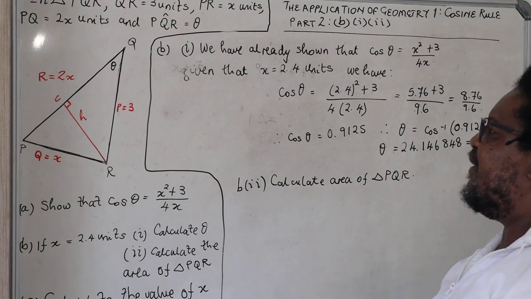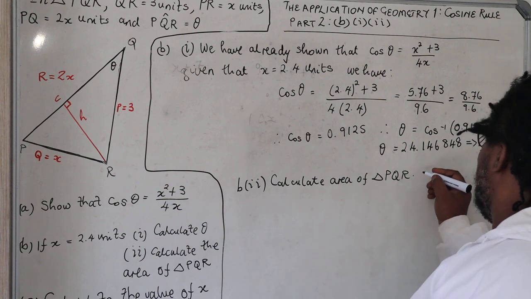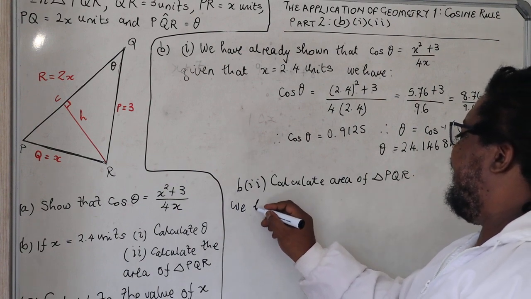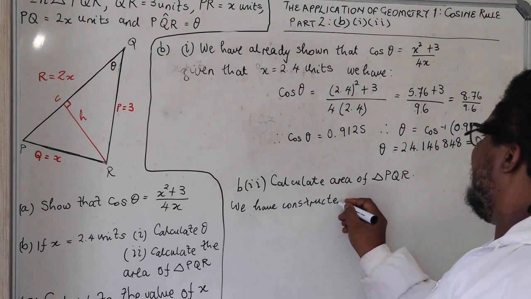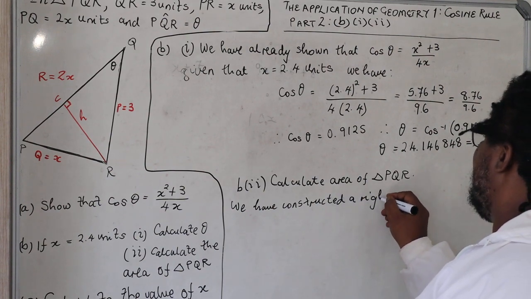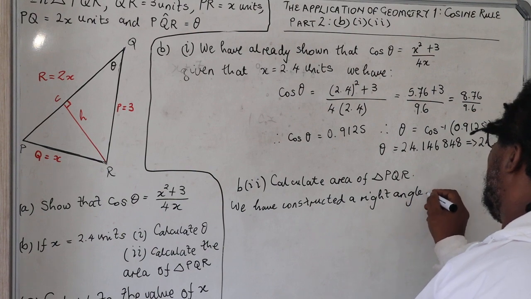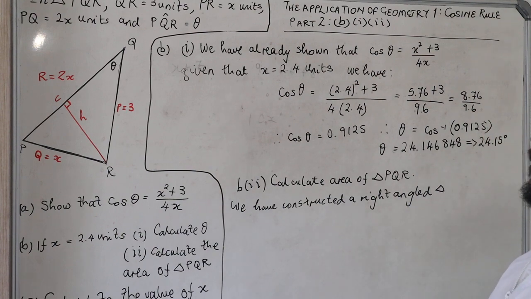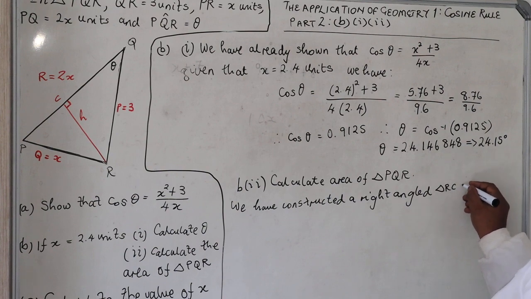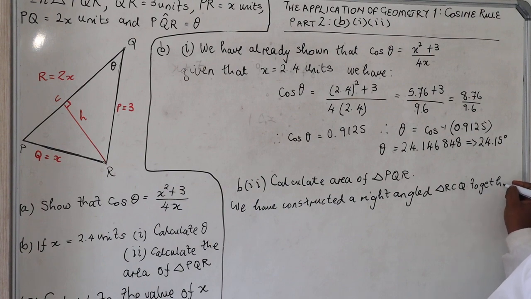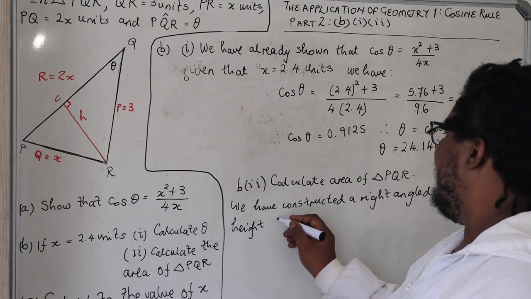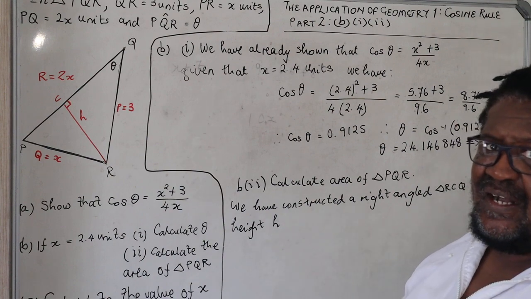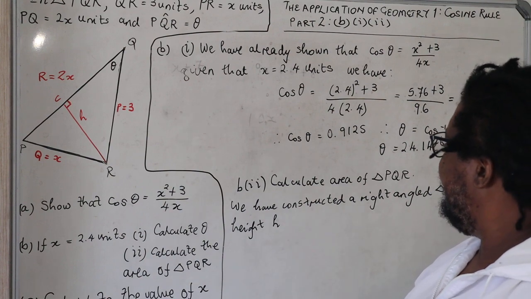So then we have constructed a right-angled triangle RCQ to get the height H, which we will use in our calculation of the area.